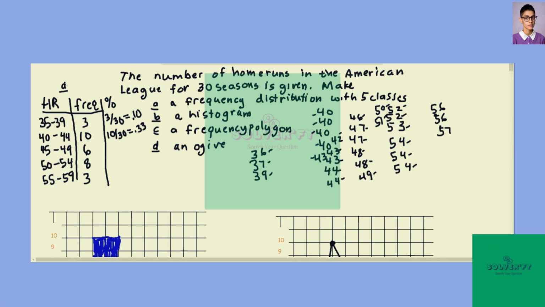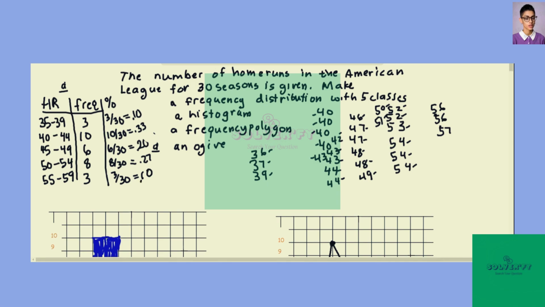This one is twice as much as the first one, so 20%. This one, 8 divided by 30, is 0.266666, so we're going to round that off to 27. Oops, the last one should be 0.20. And then the last one, 3 out of 30 again, and that will give us 0.10.